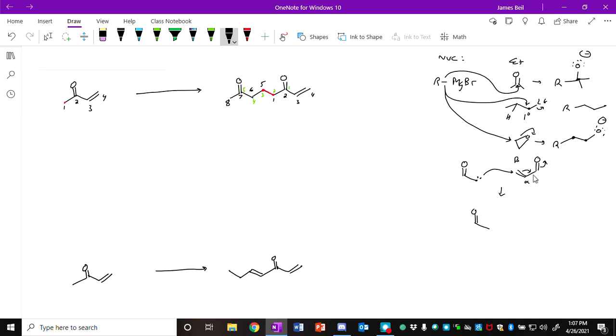this carbon here now connects to this one. So this would be the new connection made by this arrow. These electrons move here. These electrons move up to the oxygen.